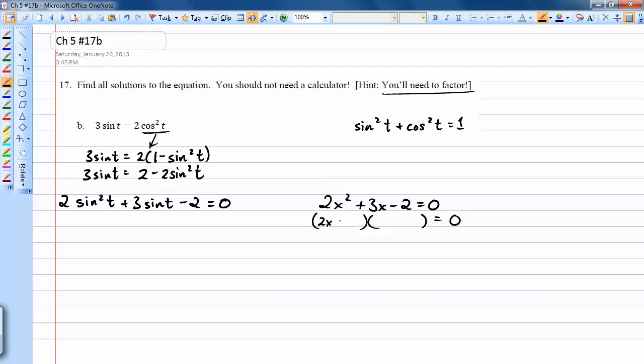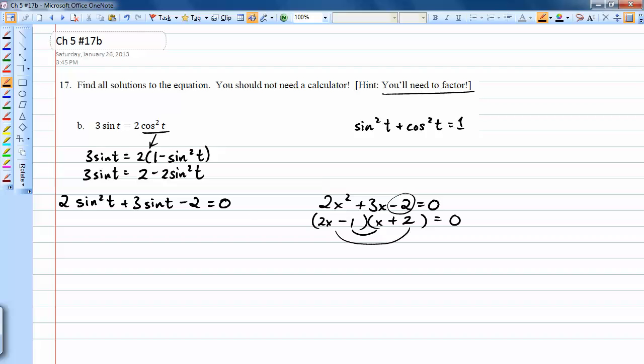So one of them's got to be a 2x and one's got to be an x. There has to be a plus and a minus in here somewhere. And you need to use a 2 and a negative 1 or a 1 and a negative 2. So if I put plus 2 here and minus 1 there, that's 4x minus 1x gives me 3x, and then I've got negative 2 for my units. So this will work.